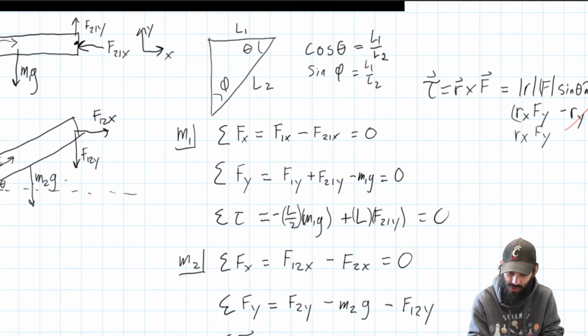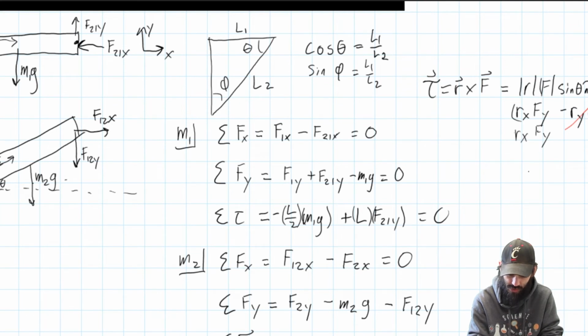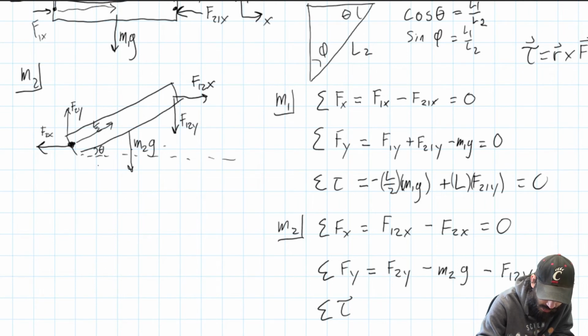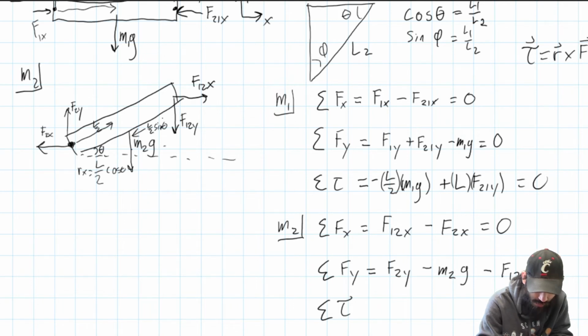So the way that I did this here was to say that this was going to be Rx Fy minus Ry Fx. So Rx here is going to be L over 2 times cosine of theta, and Ry is going to be right here. So this is going to be L over 2 times sine of theta.